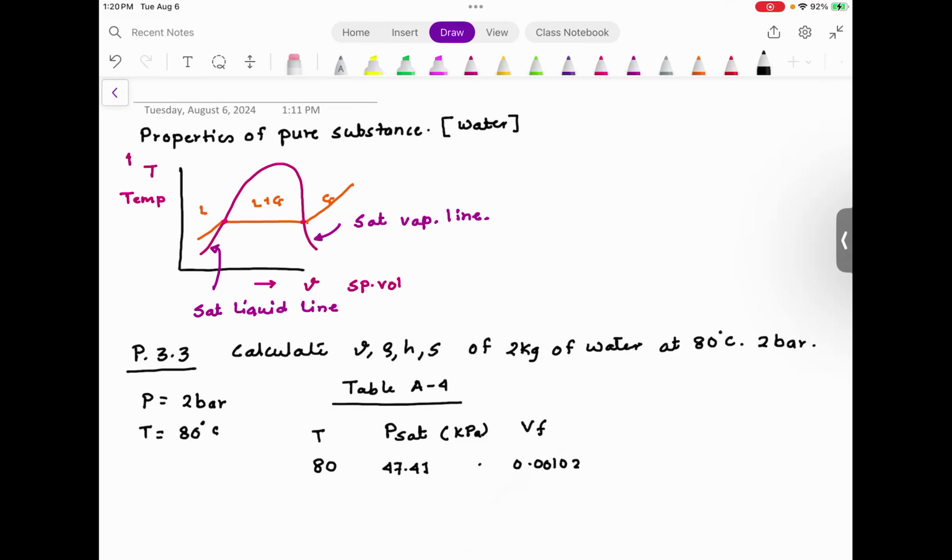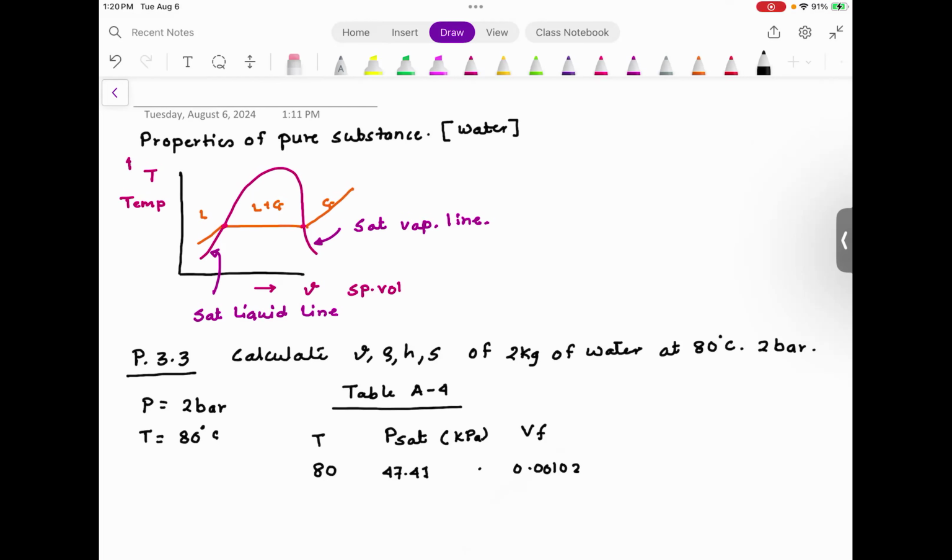Now, first of all, my question to you is, tell me, what is the state of the water? In that dome, where is the state? Is it on the left hand side, or in between, or on the right hand side?